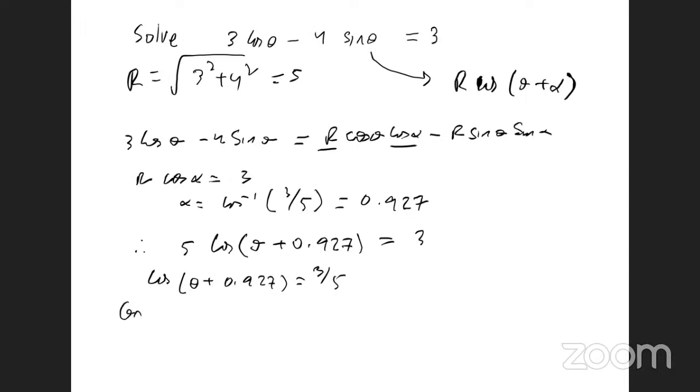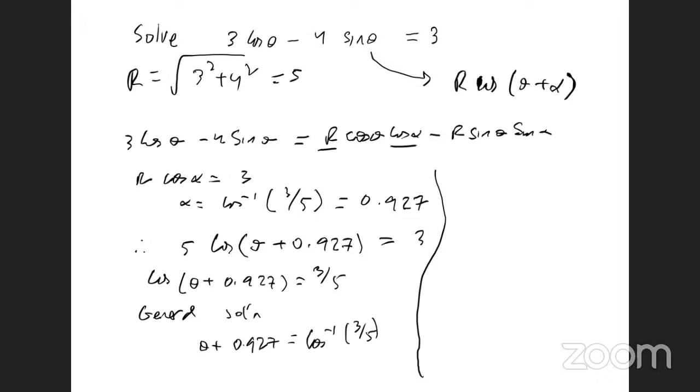So therefore, your general solution is theta plus 0.927 equal to 2n pi plus or minus cos inverse 3/5.